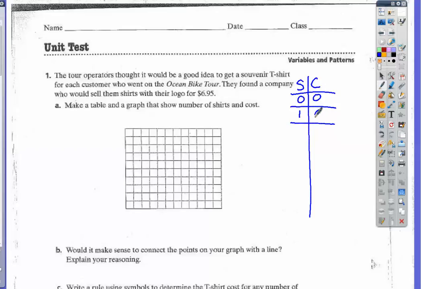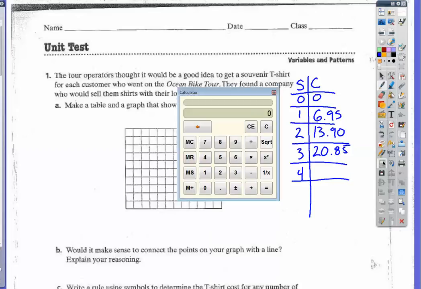Cost of 1 shirt is $6.95. The cost of 2 is going to be $13.90. Cost of 3 shirts is going to be $20.85. 4 shirts is going to be just a little bit more than that.